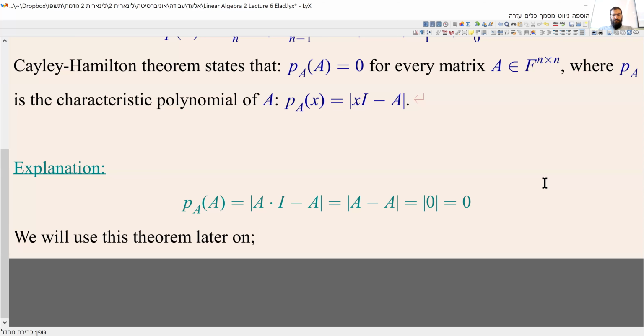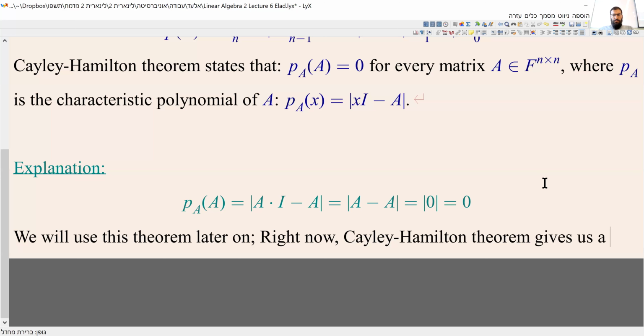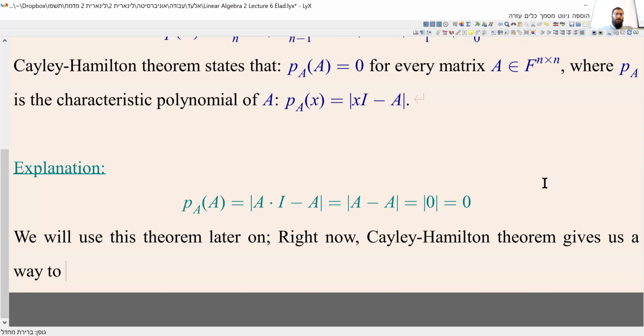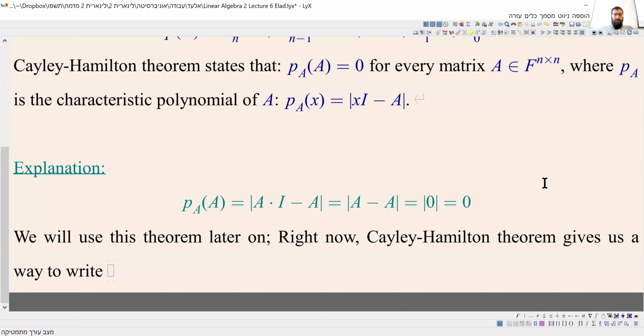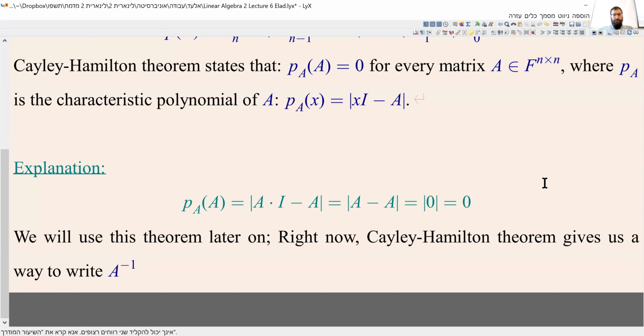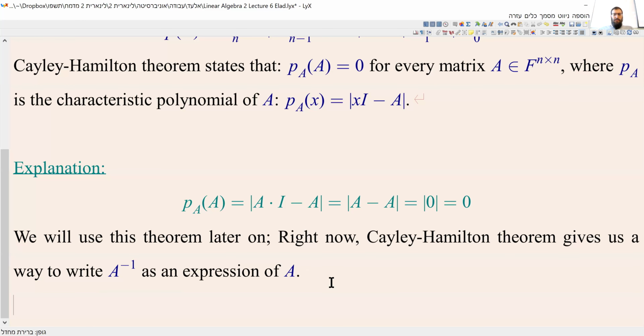But right now, the Cayley-Hamilton theorem gives us a way to write, for example, A to the power of minus 1 as an expression of A. That's in a simple example, all right? Which is sometimes good.